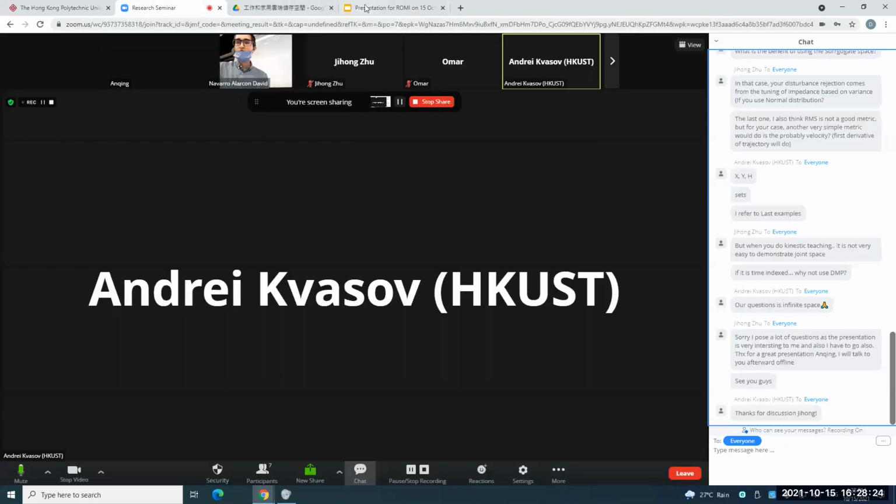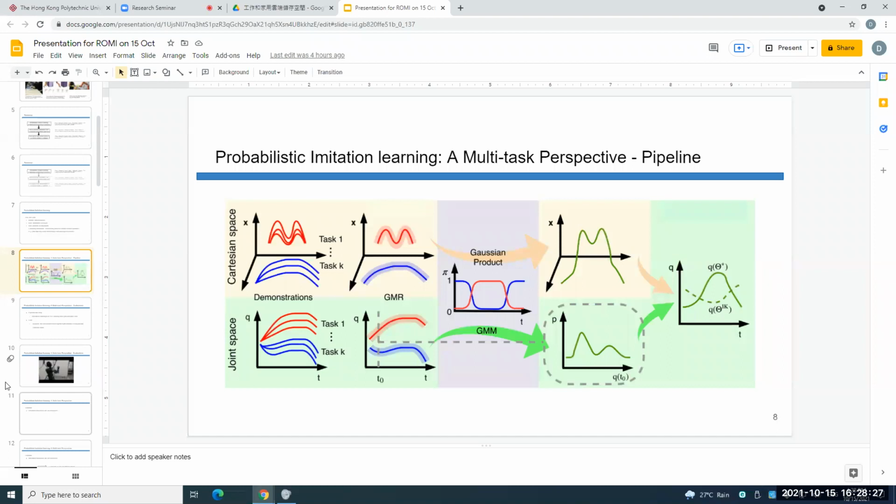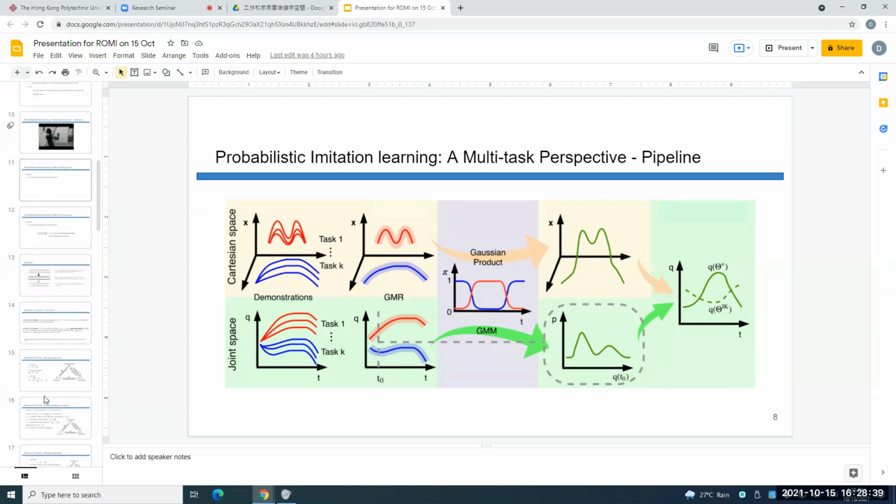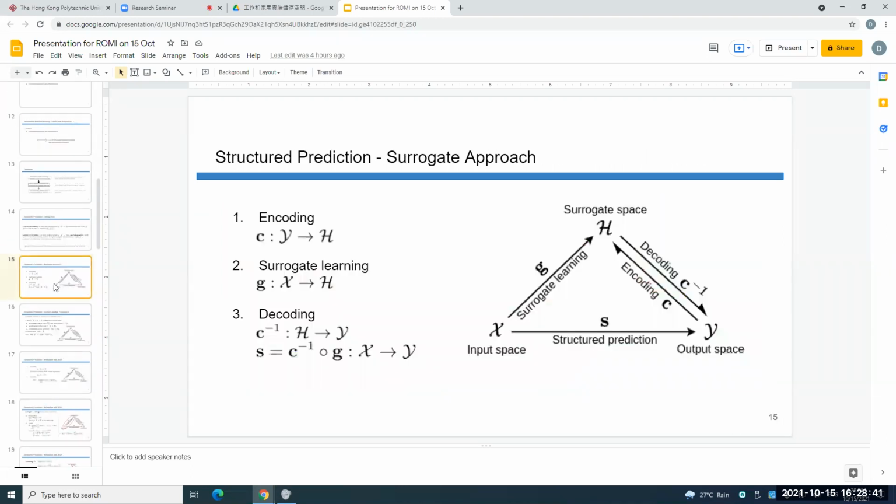And also for the structural prediction, is the demonstration a part of a trajectory? It means the demonstration includes many waypoints, or just some start point or end point in the path? The whole trajectory is the demonstration. It means many points. Yes.